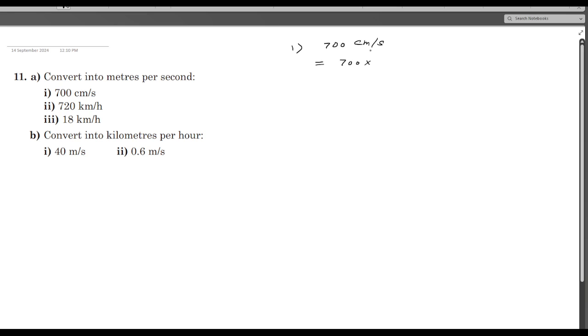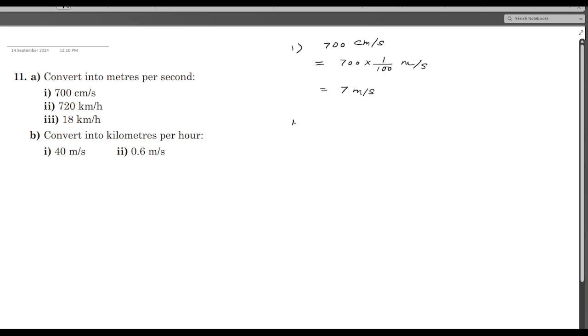If I have to convert centimeter into meter, it is 1 upon 100. So this becomes meter, divided by time in second. So this is meter per second. So this is your 7 meter per second.